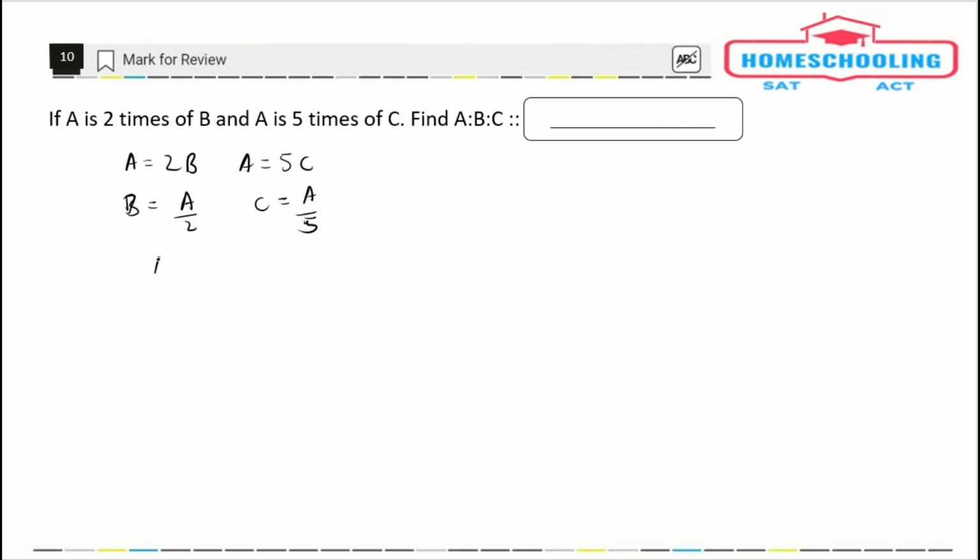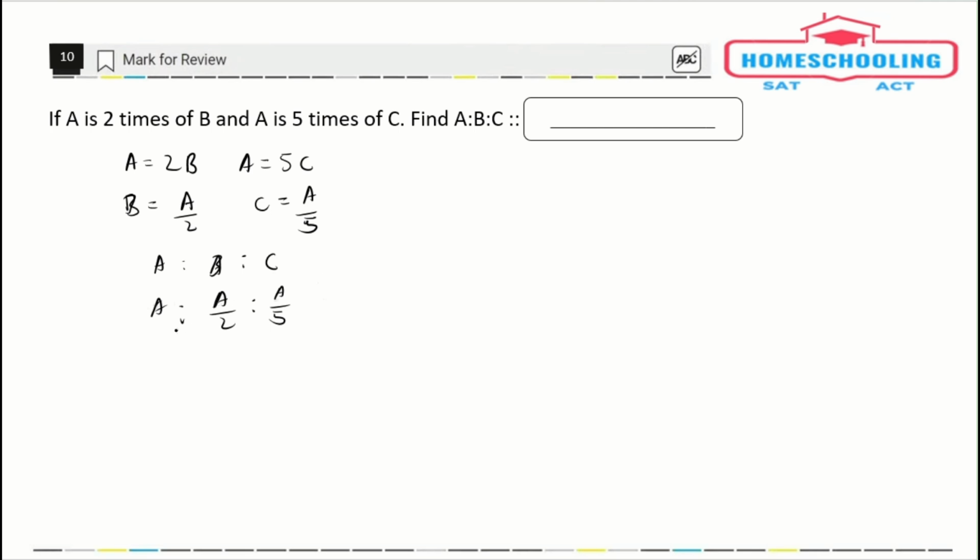So we can write the ratio of A, B, and C as A, A divided by 2, and A divided by 5.